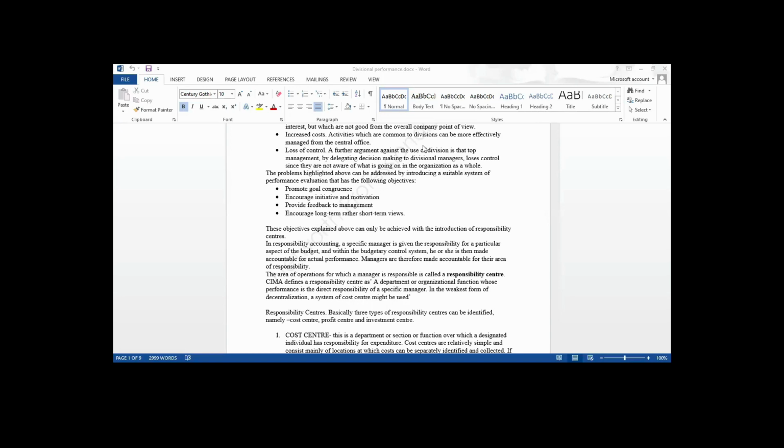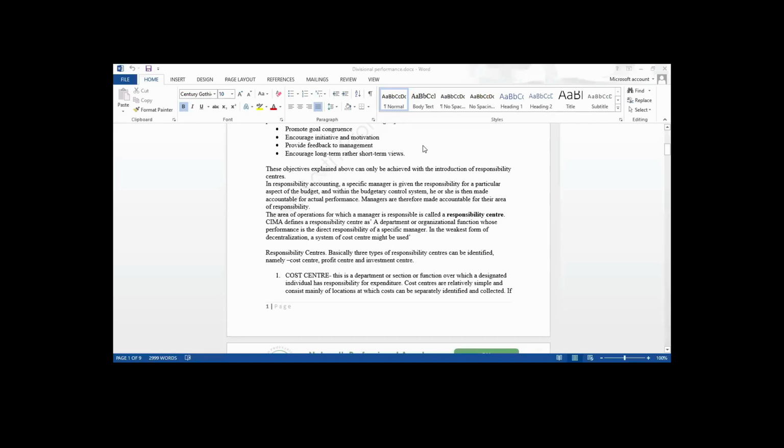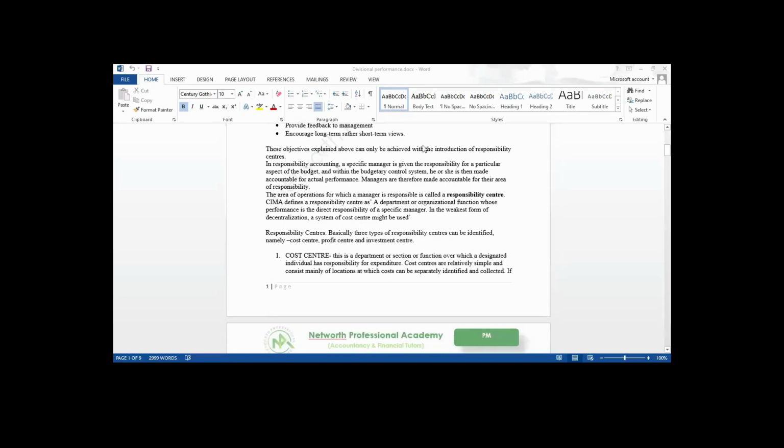This was tested last diet. Responsibility centers, basically we have 3. Although in some study packs 4 were documented, basically we have 3.